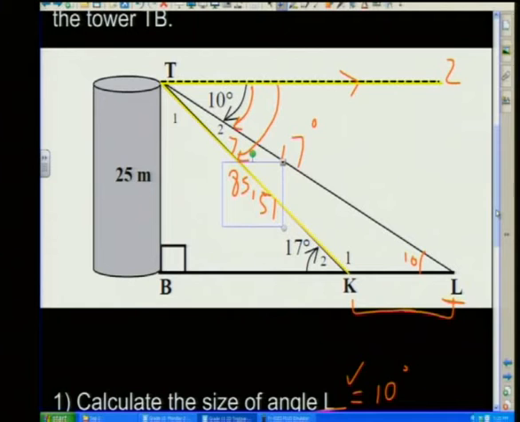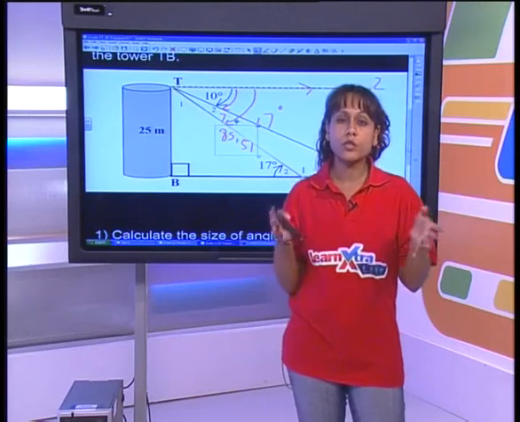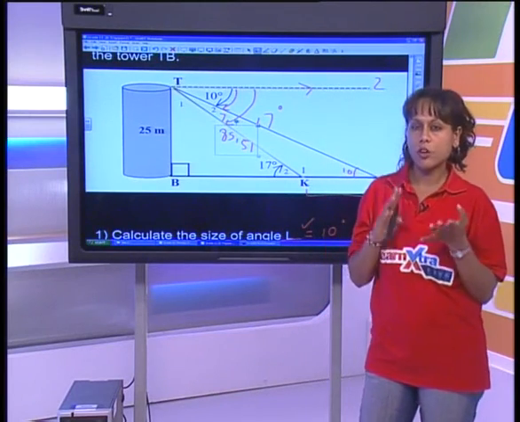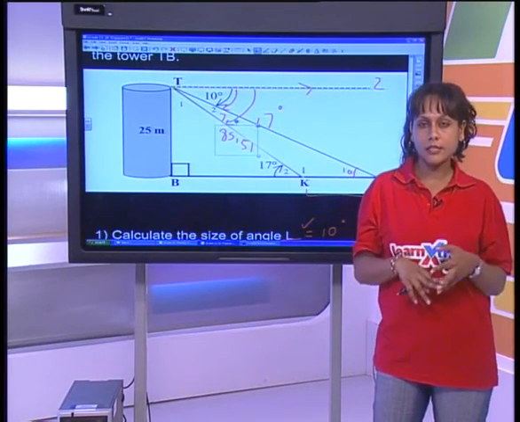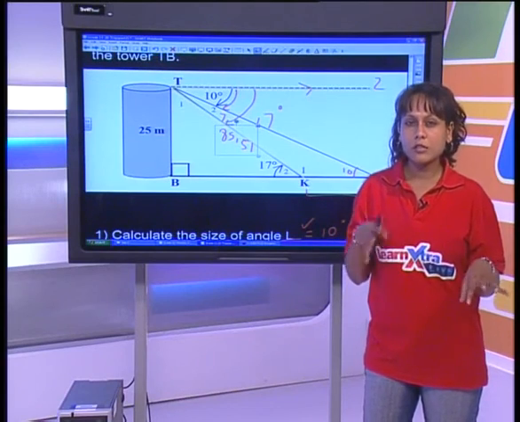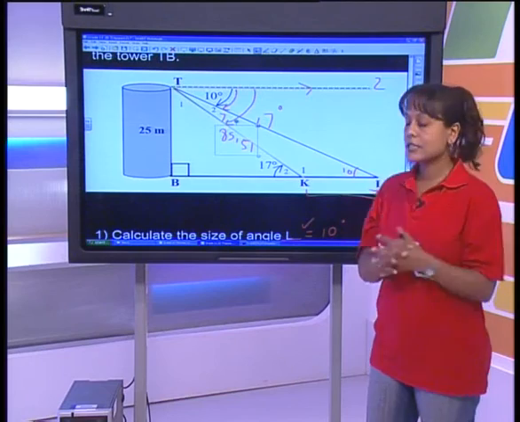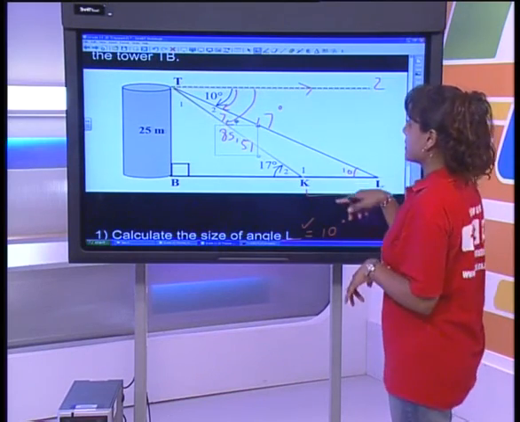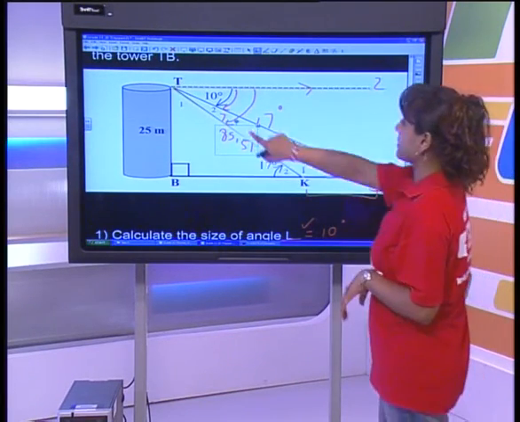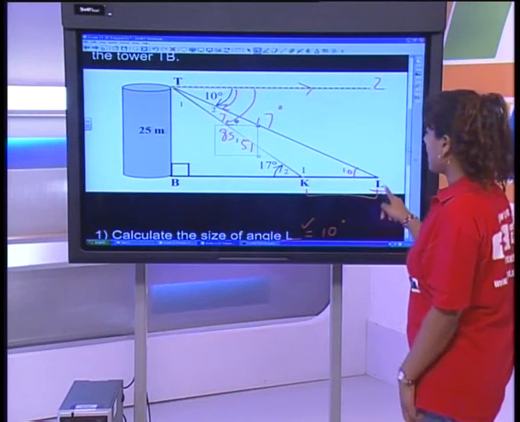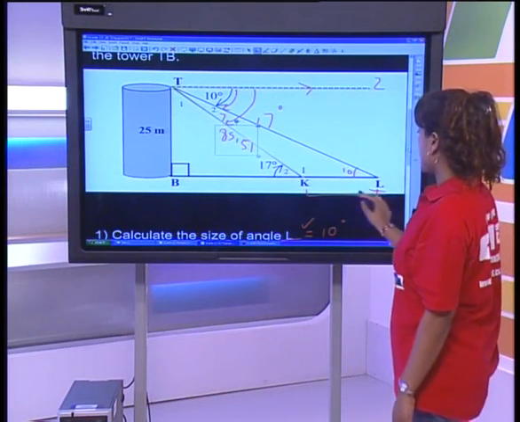So we know T2, we know side KT, and we know angle L, and we're looking for KL. Which rule should we use? We've got 2 angles and a side. And remember when I started the introduction, I said if you've got 2 angles and a side, you can use the sine rule. So therefore we can use the sine rule in triangle TKL to work out KL.